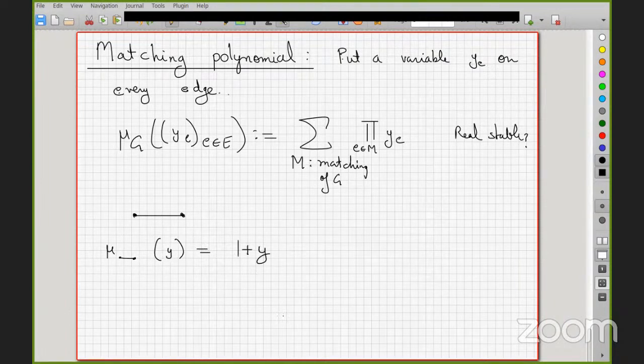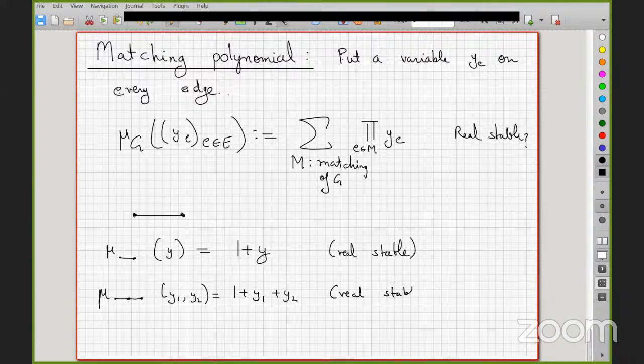Okay, so this is real stable, but maybe this is misleading. So let's look at something else. Let's look at two things. Again, real stable. But what about three?